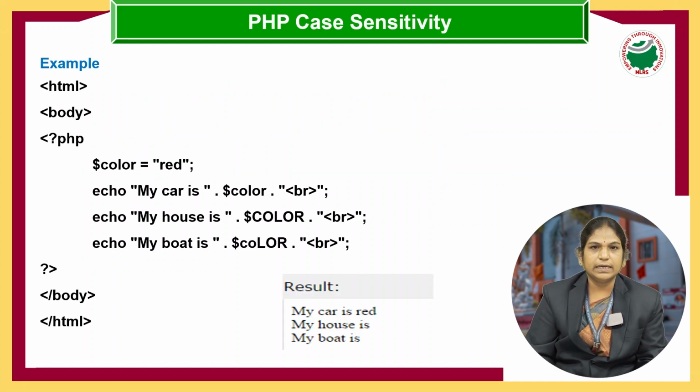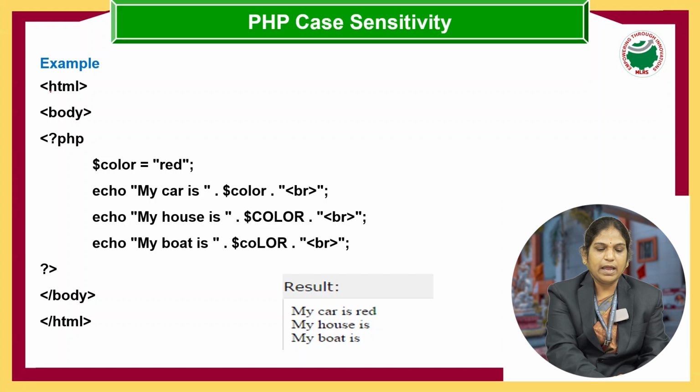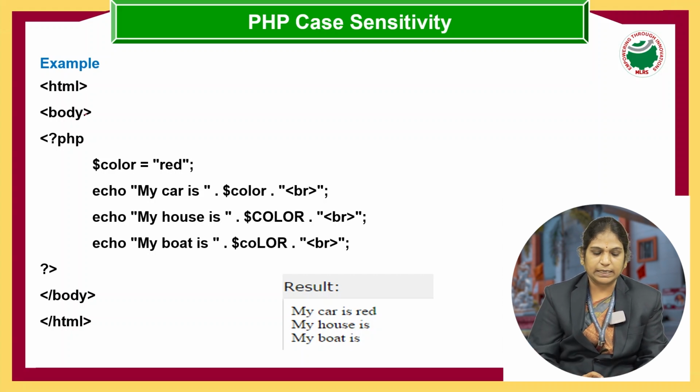And here let us see a simple example. HTML body and PHP code I have started, and I have declared the variable with the name color, $color equal to red, and red is going to be encoded inside the double quotes or single quotes because it is treated as a string.